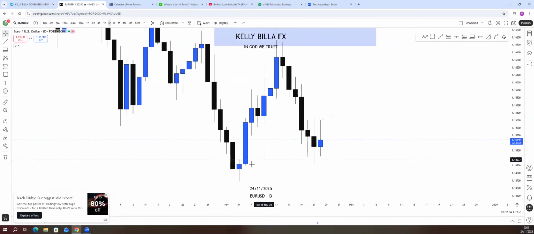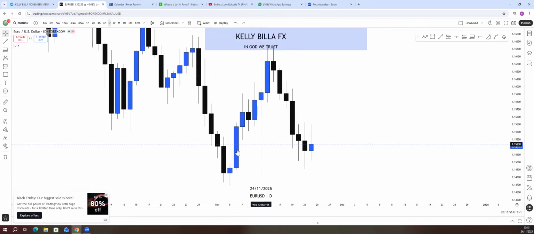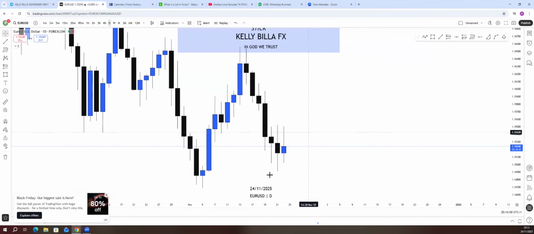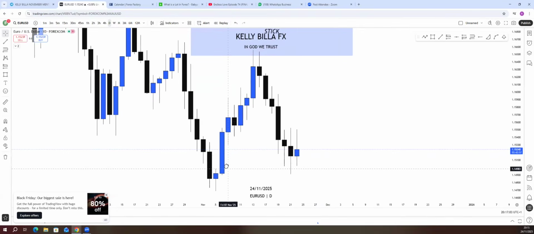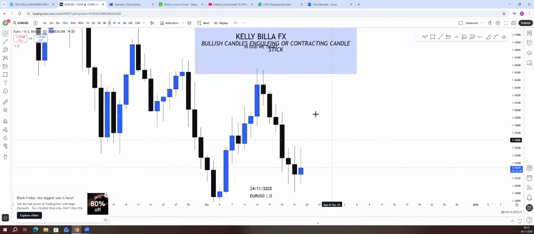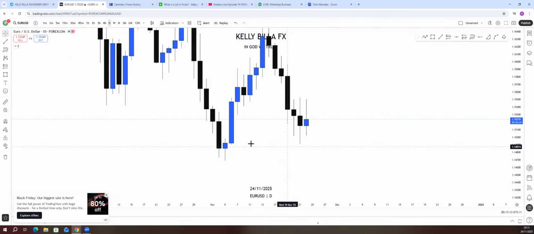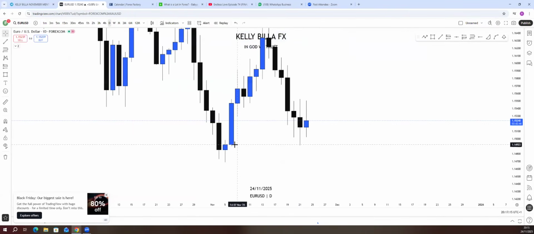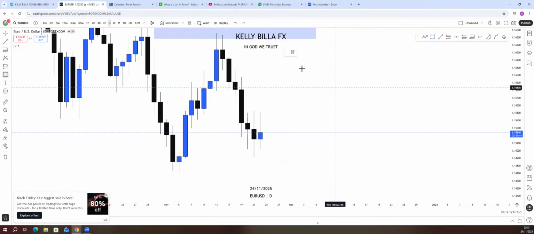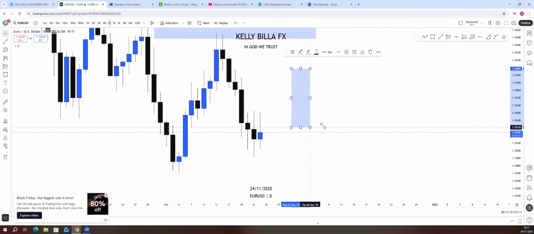So a candlestick has a body and a wick. All of these tails you are seeing here, we call them wicks, and all the body movement, that's called the body. A candlestick is made up of a body and a wick, and engulfing candlesticks have very big bodies and small wicks. They will literally look like this: a very long, big body and very tiny wicks.